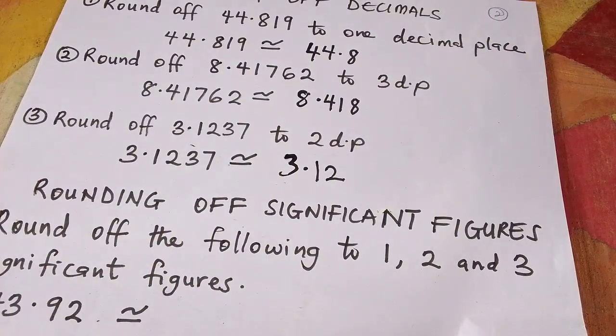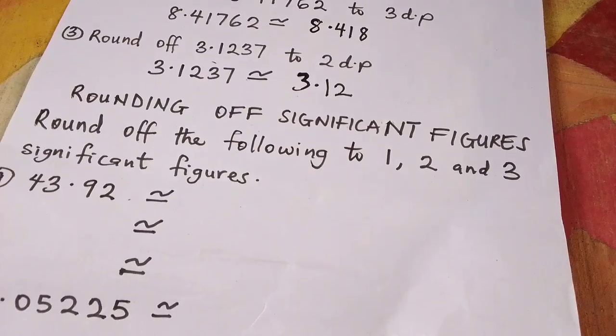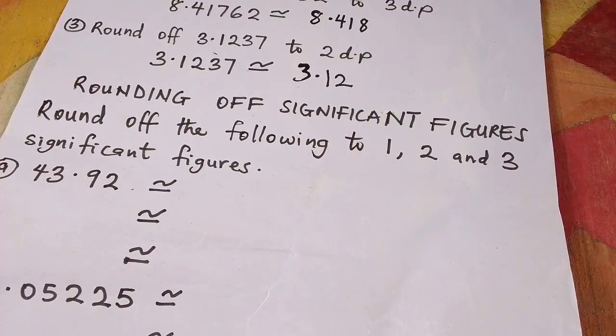3.12. Now let's move on to rounding off significant figures. For significant figures, you need to check that they can start from a whole number or a decimal, but the number it starts from will be between 1 and 9.